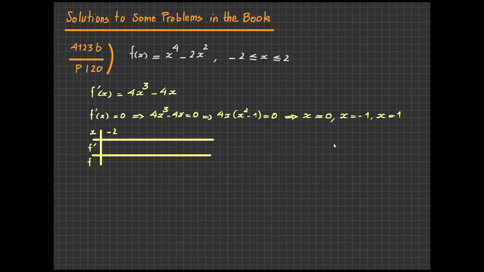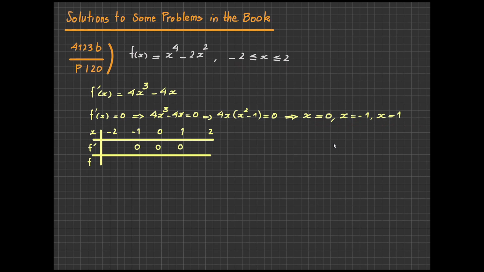I put minus 2 up to 2. And then I start arranging these numbers in order. So I put minus 1, then I put 0, then I put 1. Let me make distance. Of course, the derivative is 0 here, the derivative is 0 here, the derivative is 0 here.